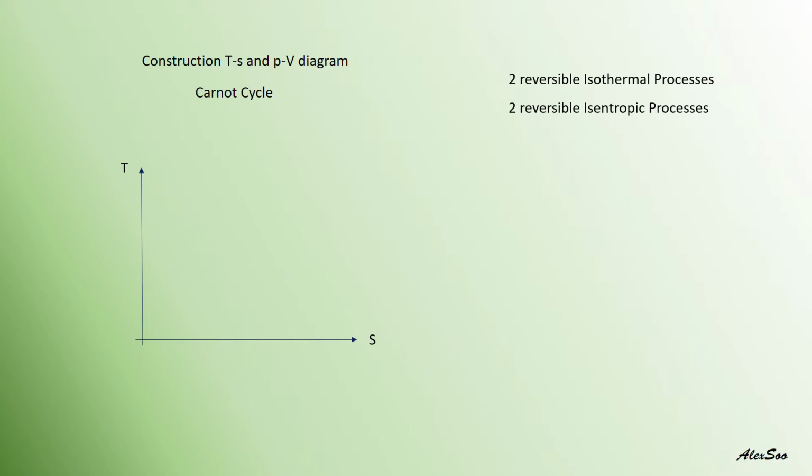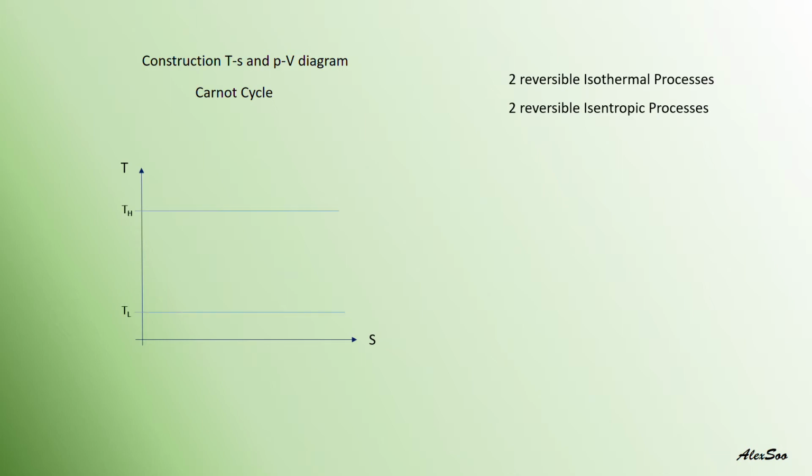Since we have 2 reversible isothermal processes, and this is a T against S graph, what you need to do is to draw 2 horizontal lines across.